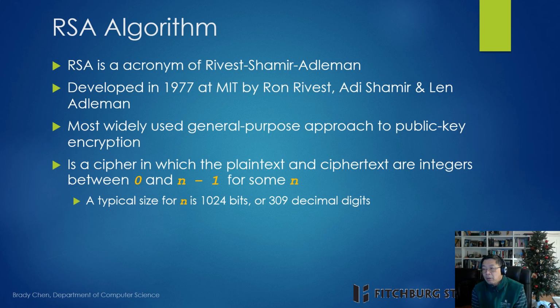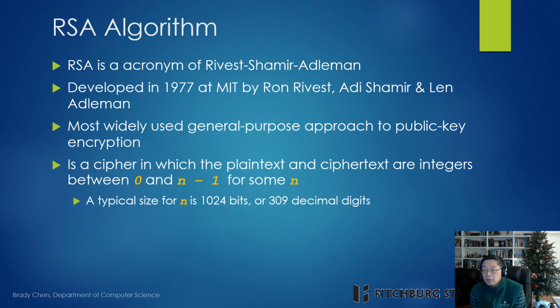Now, RSA is an encryption and decryption algorithm in which the plain text and the cipher text are integers. The typical size for the integer is 1024 bits. It was smaller before, but since computers become faster and more powerful, they increased the size for the number n.